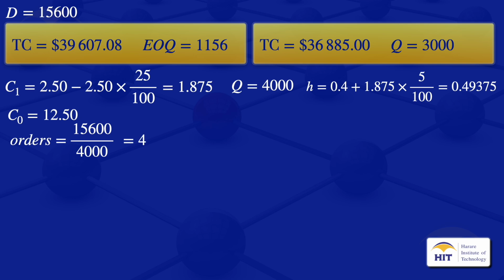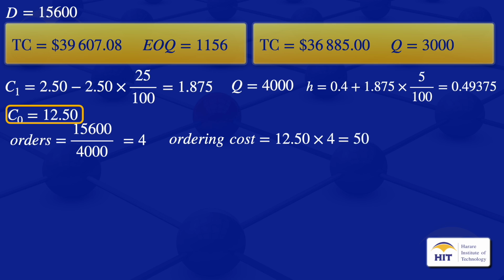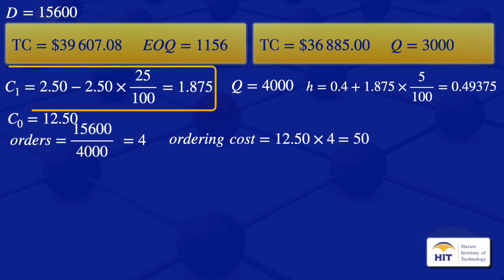And we are saying we are making 4 orders, and each order is costing $12.50. So the ordering cost per year will be $12.50 multiplied by 4, which gives us 50. And our purchasing cost, we say that is 1.875. So we can use this purchasing cost to find our purchasing cost per year.